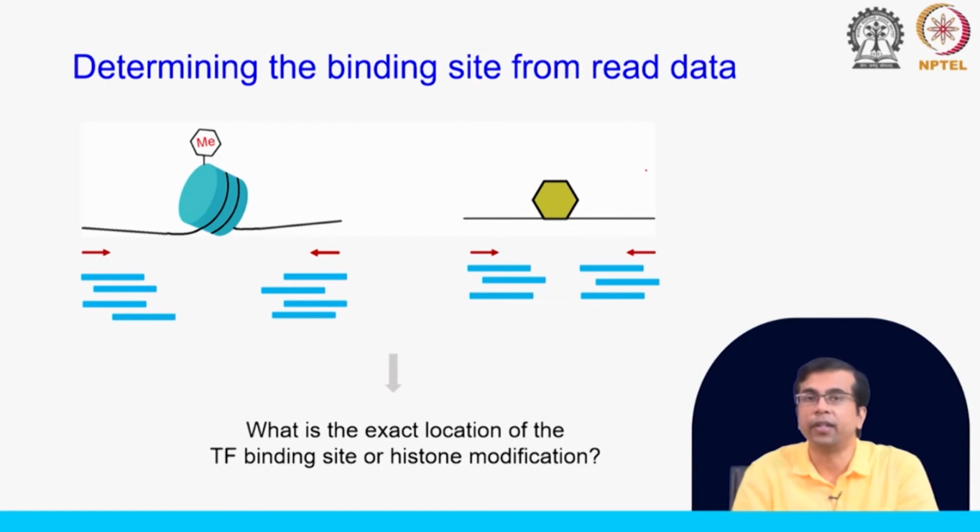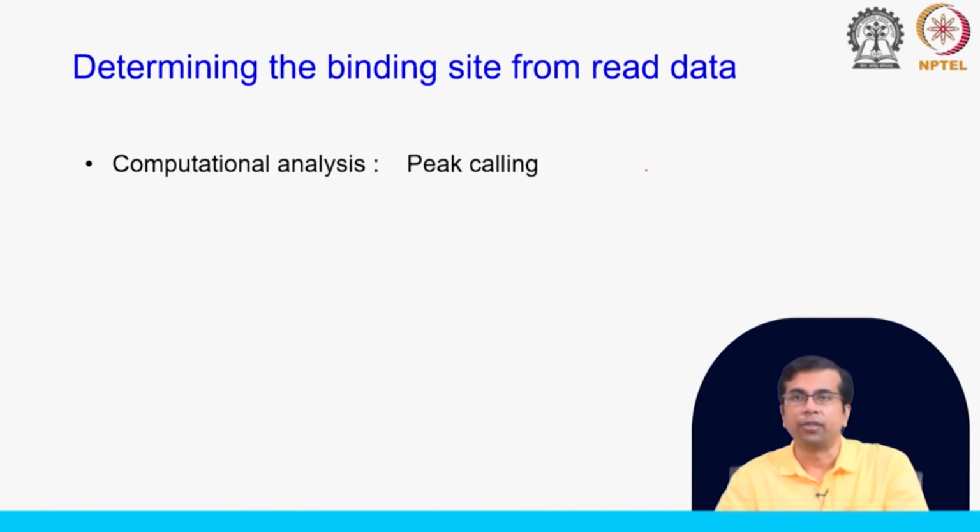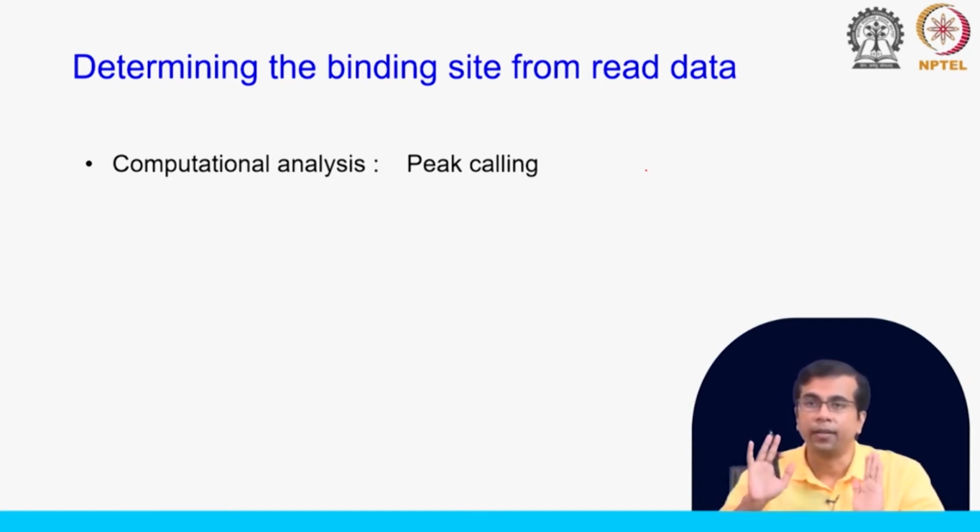So this is an inference problem; we cannot directly determine the binding site. Now the question is, what is the exact location of the binding site or the histone modification that we are interested in? There is a computational analysis for this, called peak calling. I will not go into the details. The idea is that, looking at the read distribution pattern, we have to infer the actual binding site.